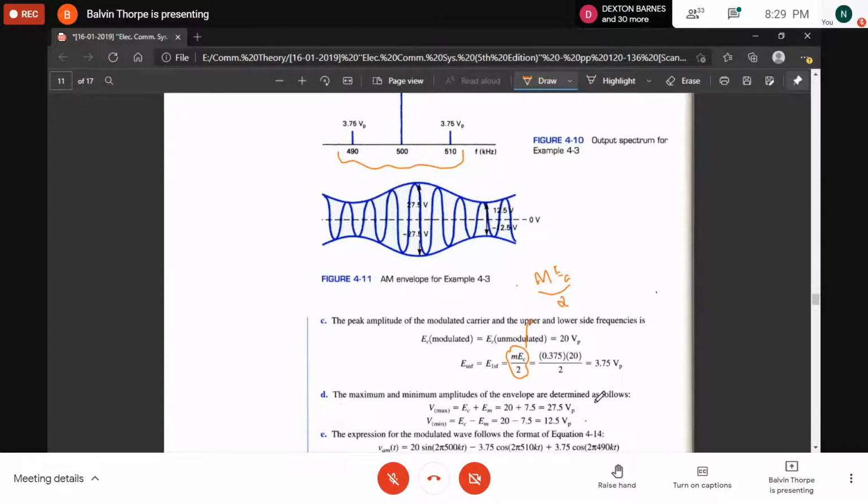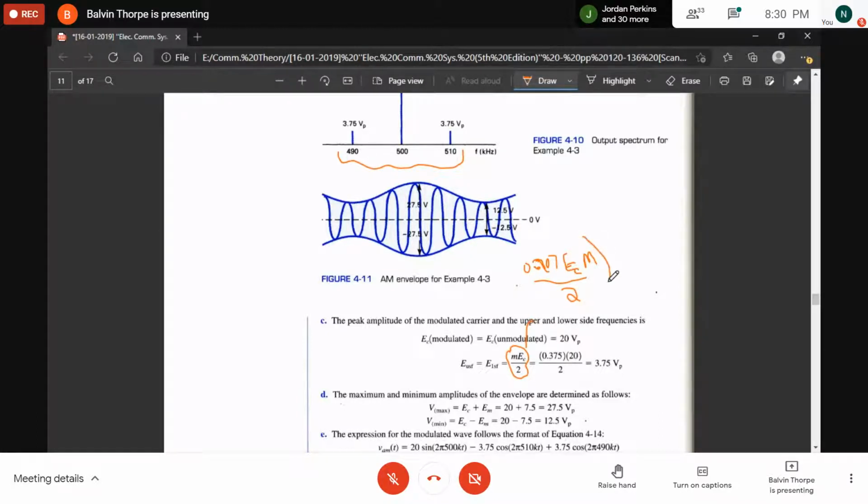So how we're going to express this in terms of its RMS value is to multiply by 0.707. We have 0.707 times EC times M all over 2.